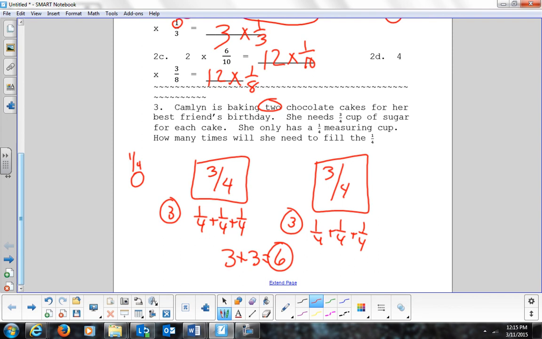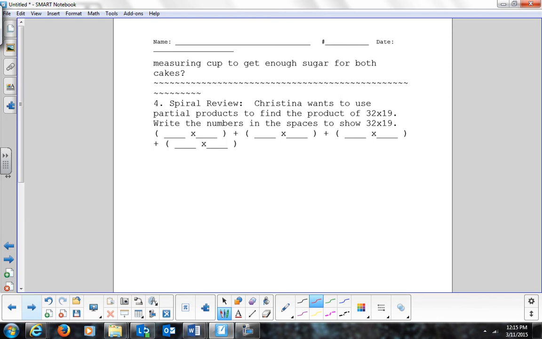This whole chapter is about multiplying fractions. In this case, it was 3 times 1/4, right? I'm going to need to scoop that 1/4 3 times. And then it asks for how many for 2 whole cakes. Well, if it's 3 times for one cake, it's 3 times for the other cake. I've got to add those 2 together. 2-part problems.